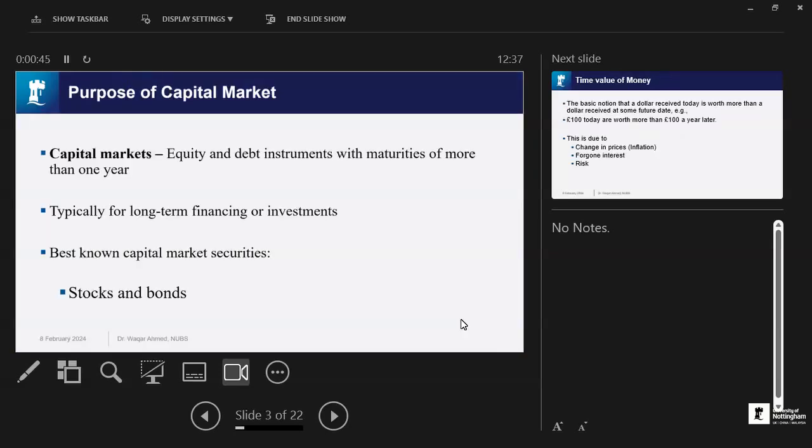So from term one, the purpose of capital markets is to allow investors to make their investment decisions. Capital markets bring together the users of funds with those who have excess funds, right? So the surplus units as well as the deficit units.